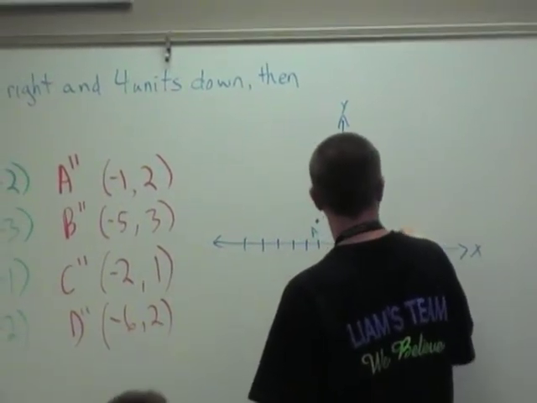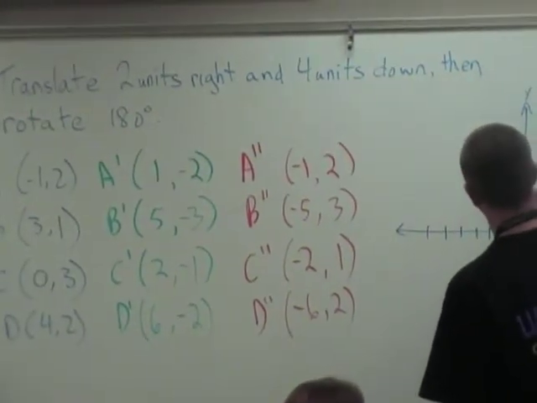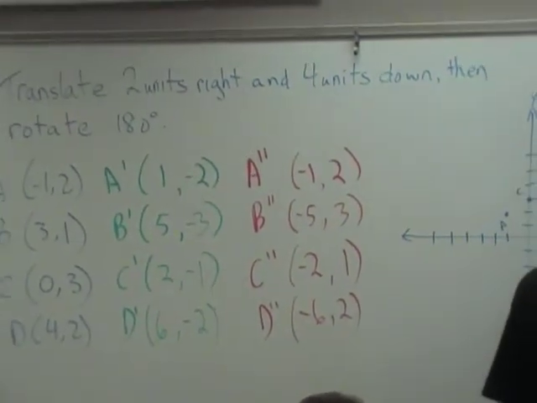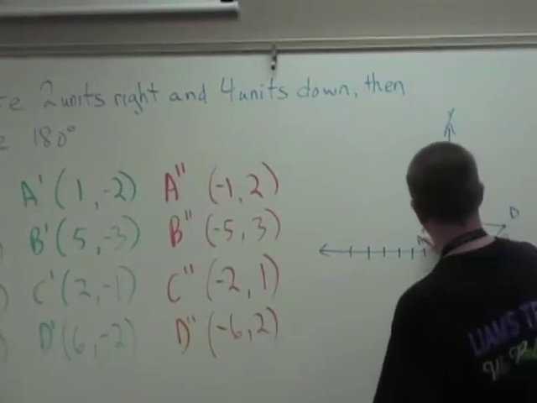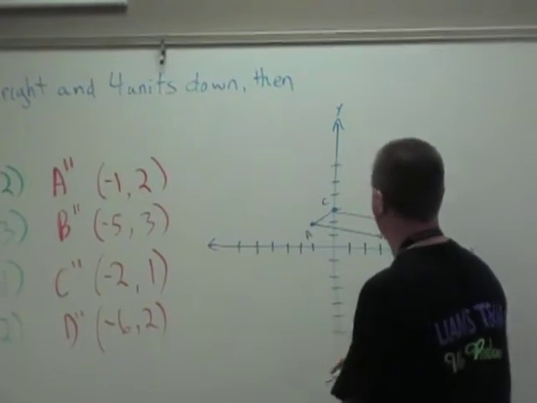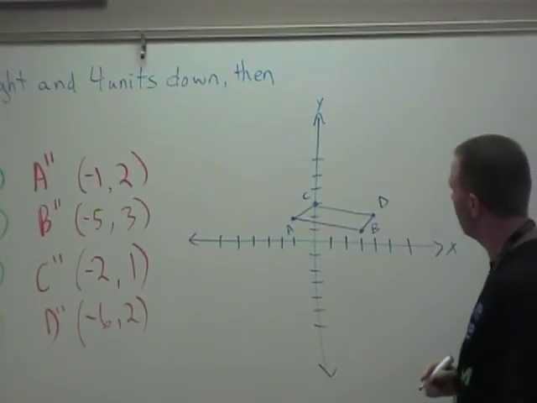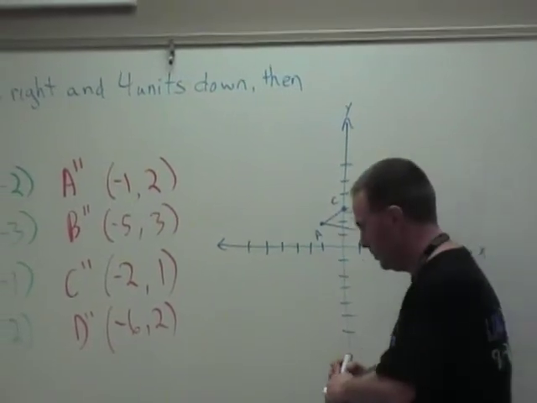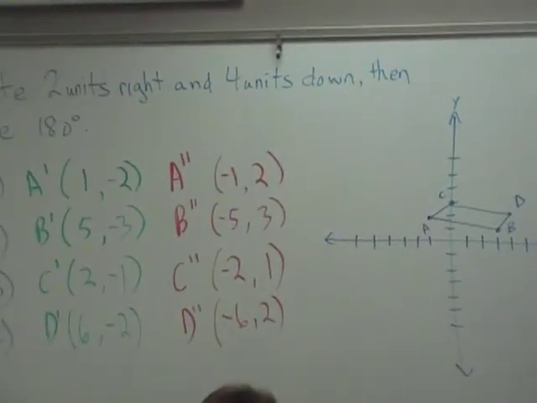A, B, C is at 0, 3. D is at 4, 2. All right, so a nice little plain looking thing. Now let's do the primes. Did everybody at least graph that part right? I know some of you struggle graphing.